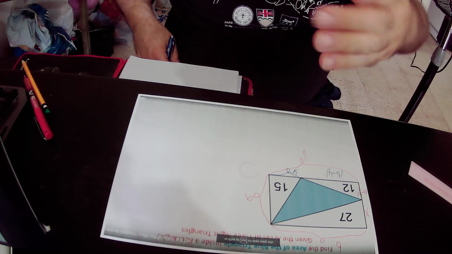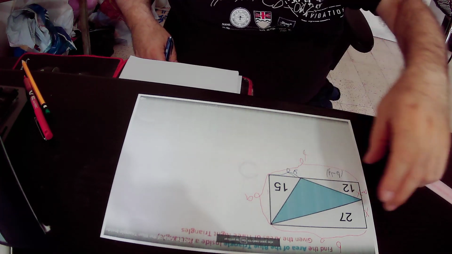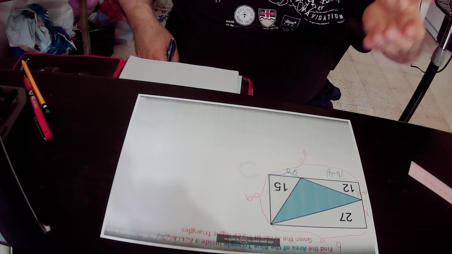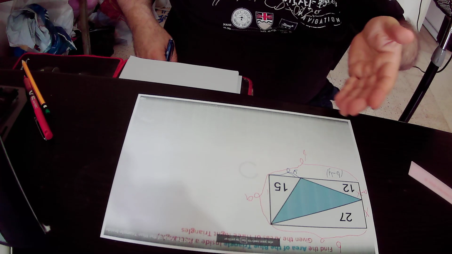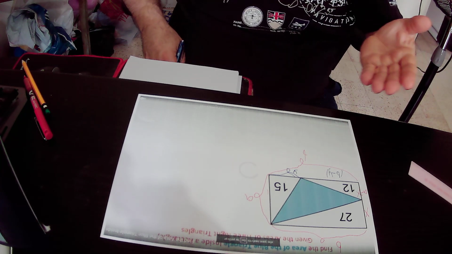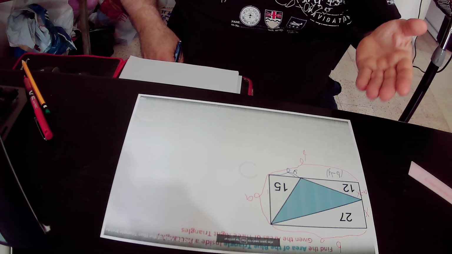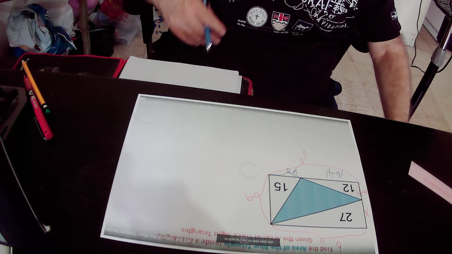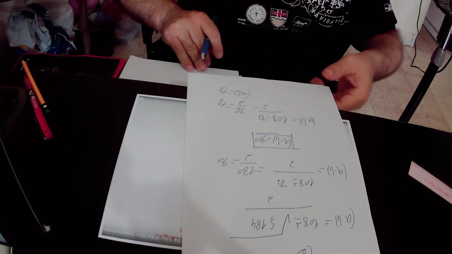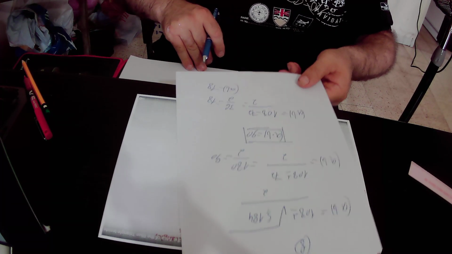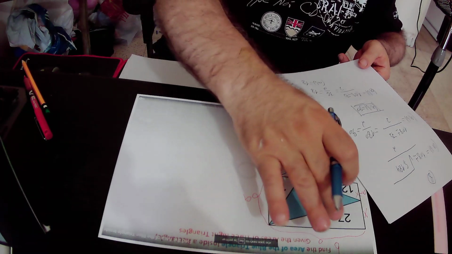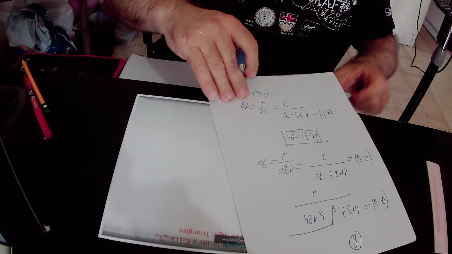So the rectangle contains those three right triangles, and its area must be greater than 54 units. So it cannot be 18 units. So we are left with only one answer: the area of this rectangle equals 90 units.